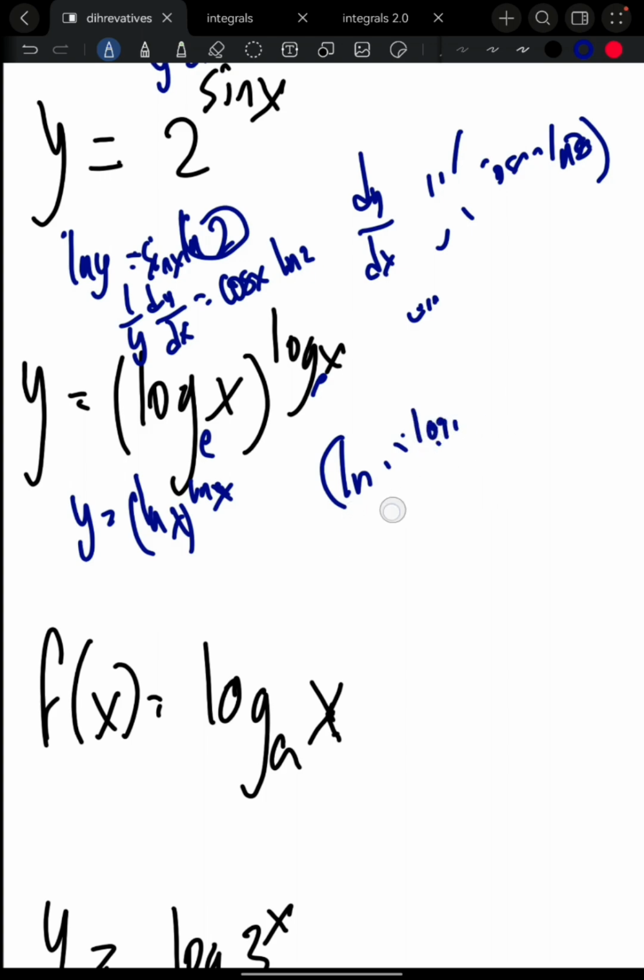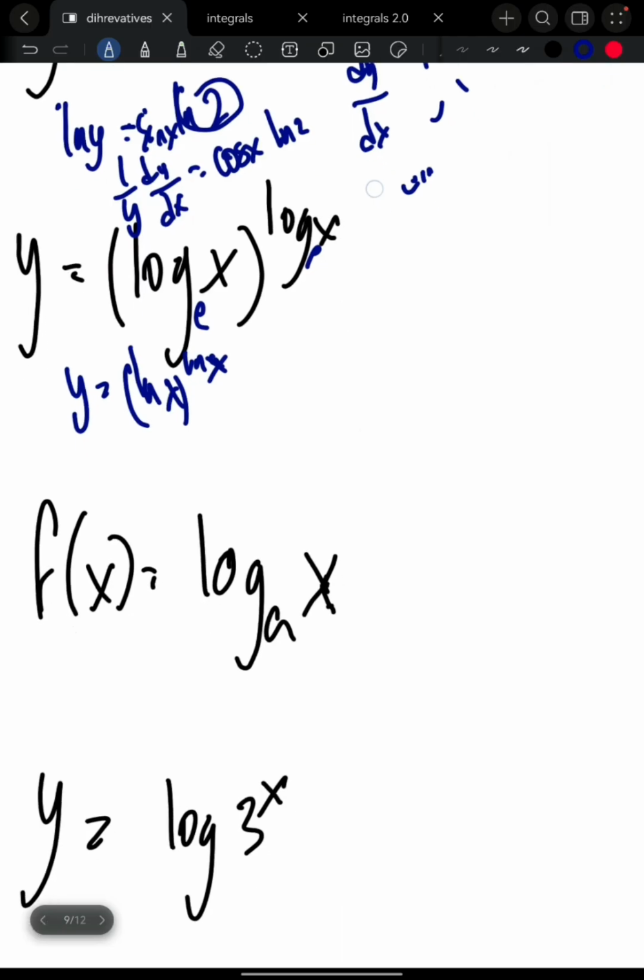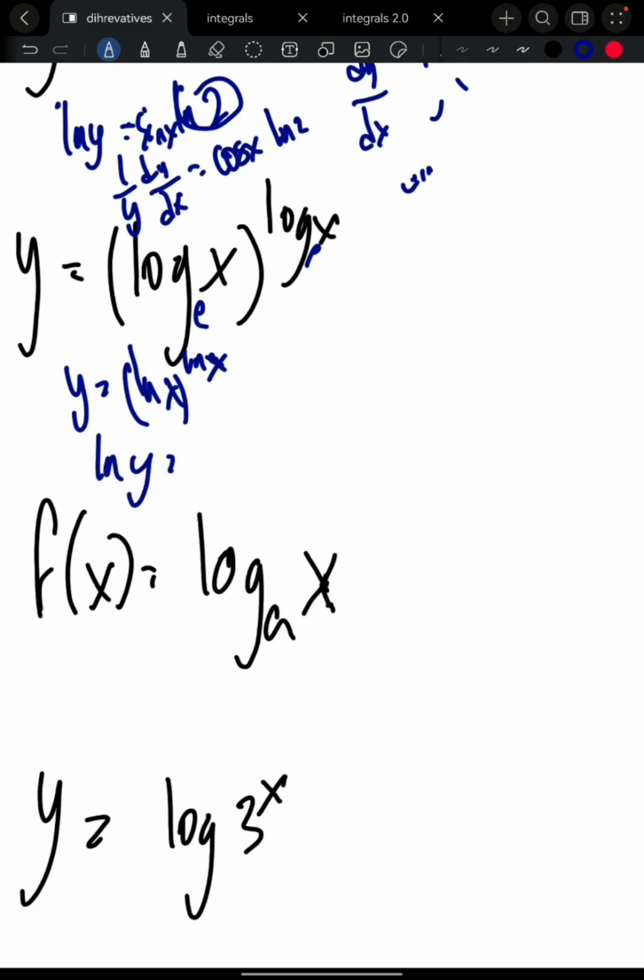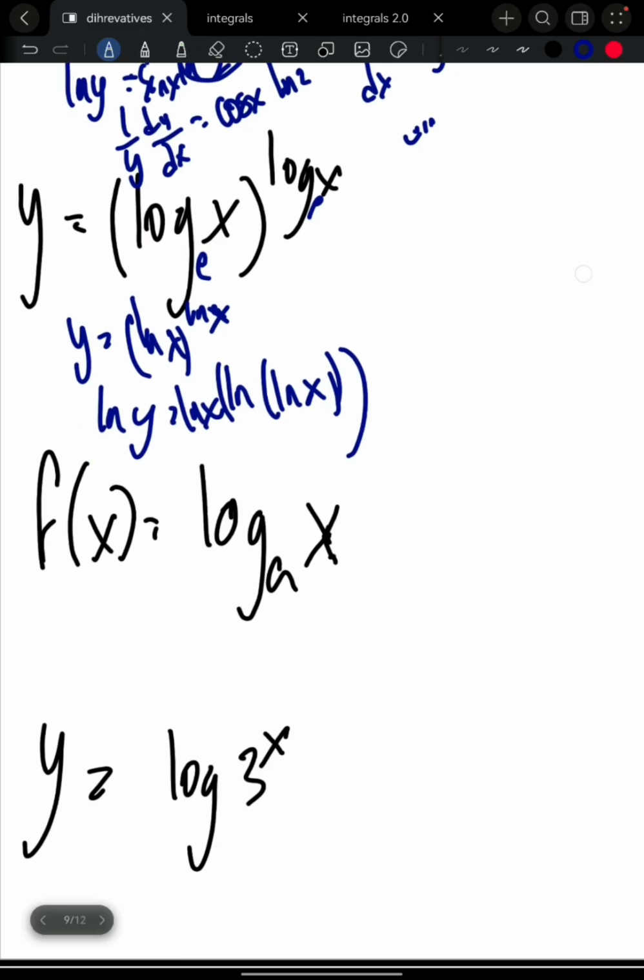So we're gonna take the natural log of both sides to get ln of y is equal to ln of x to the power of ln of x, and then you can bring down the ln of x, so this becomes ln of x times that.